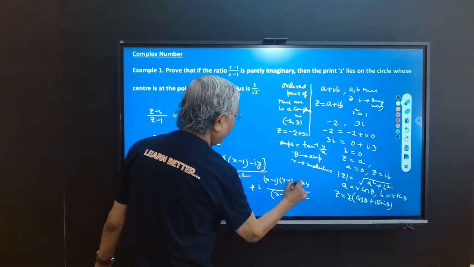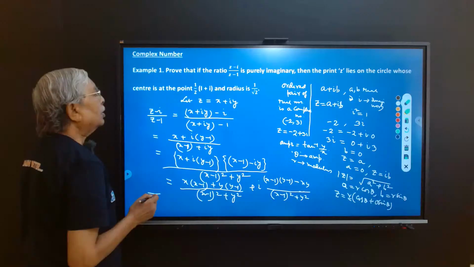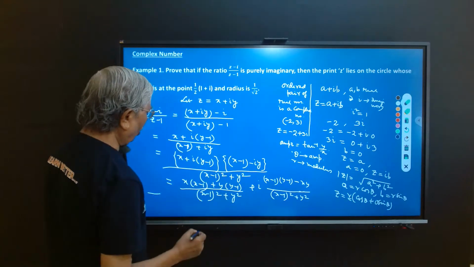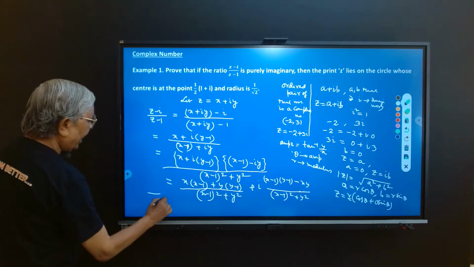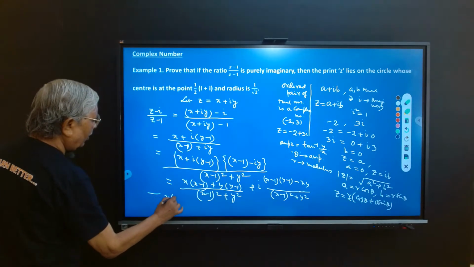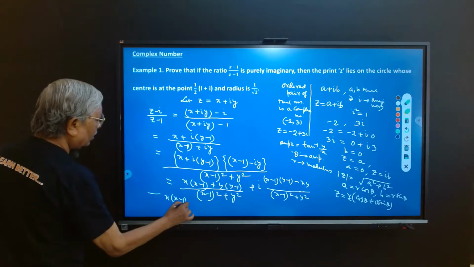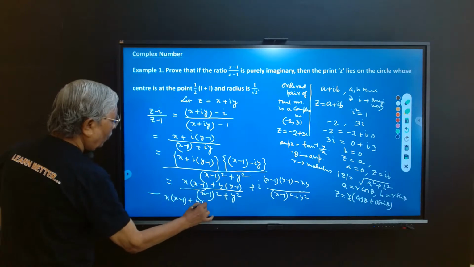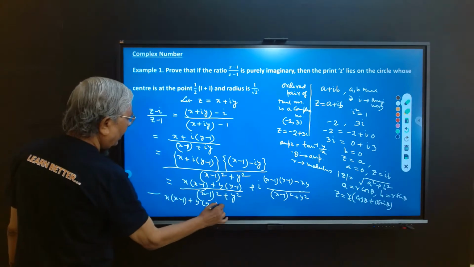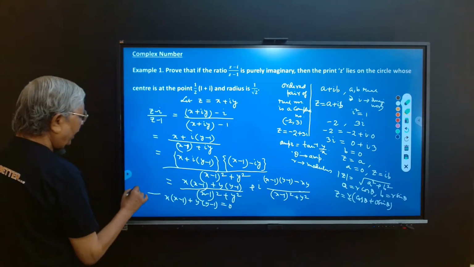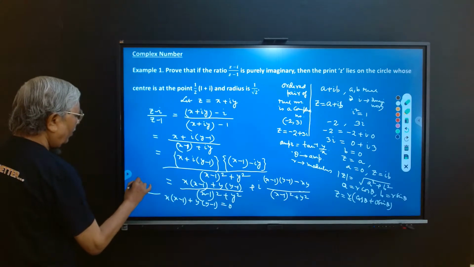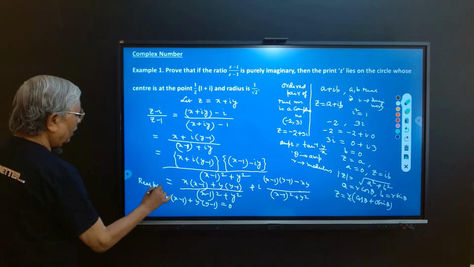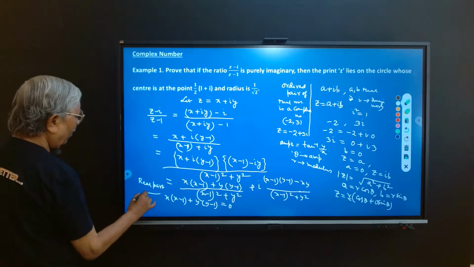Now what is given? This complex number is purely imaginary. So by the problem, this real part is 0. So we can write x into (x minus 1) plus y into (y minus 1) equals 0.